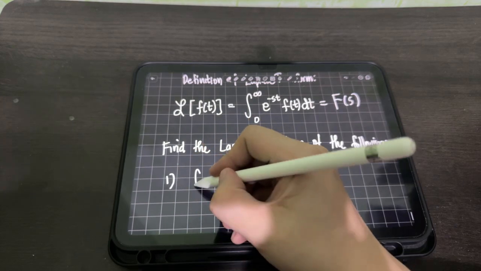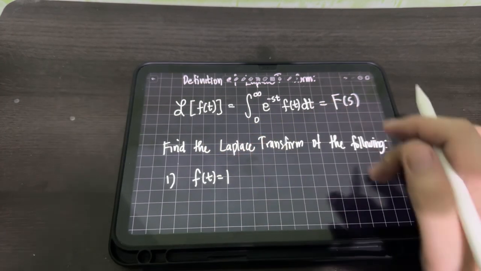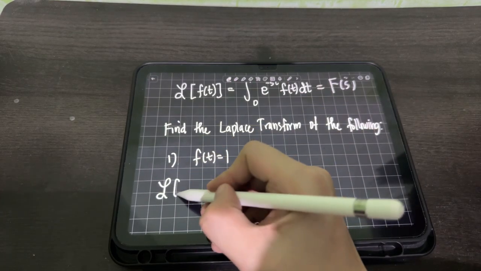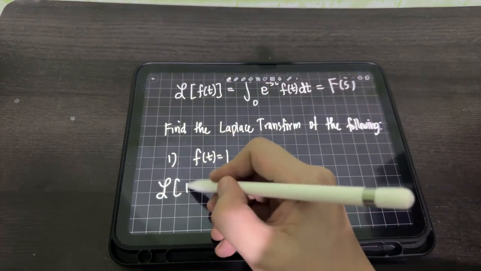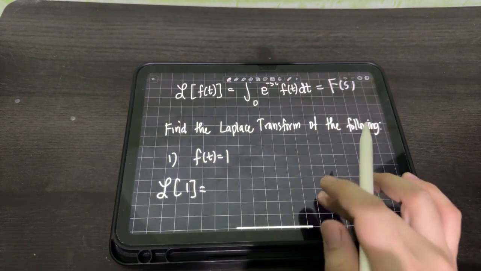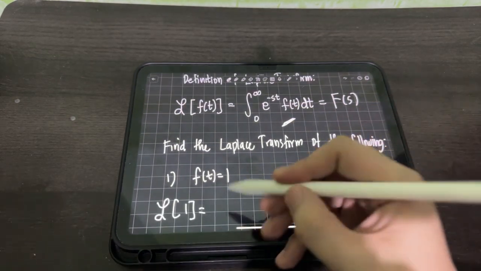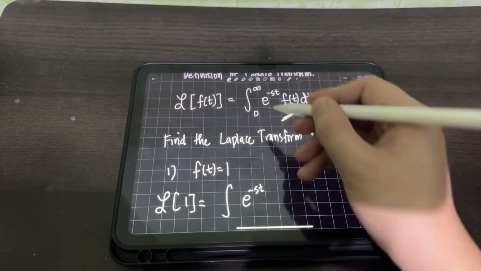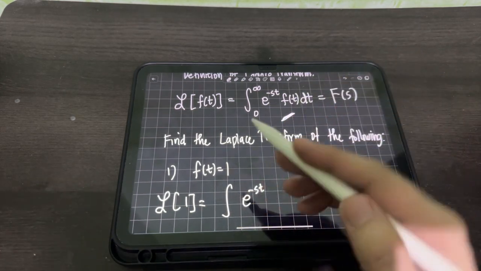First one, we have f of t is equal to 1. So we need to find the Laplace transform of f of t, which is 1. We need to apply the formula here. So it is equal to the integral of e to the negative st times f of t, which is 1.